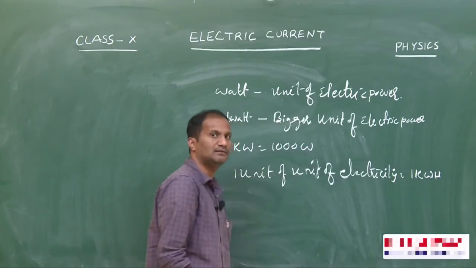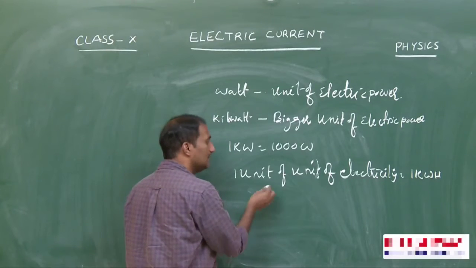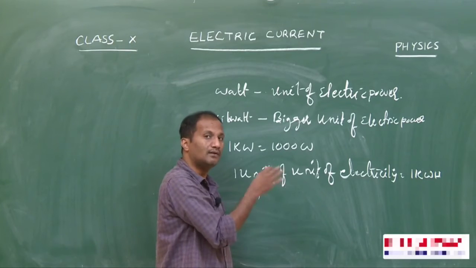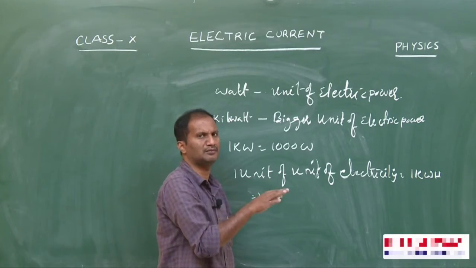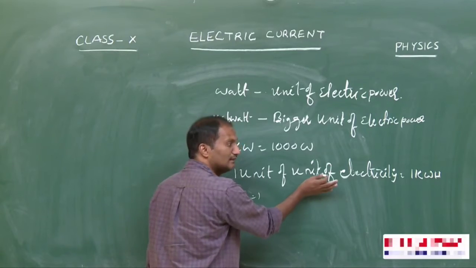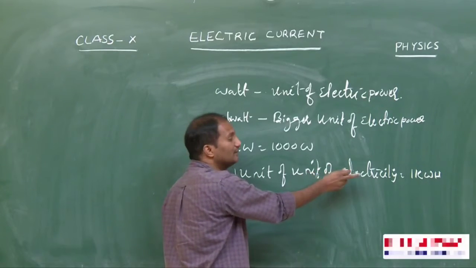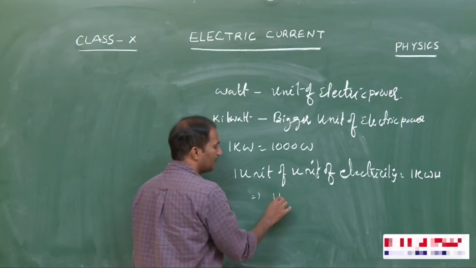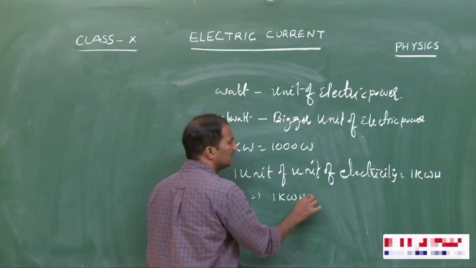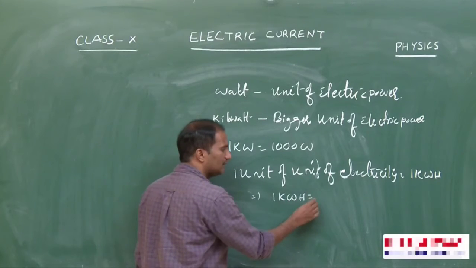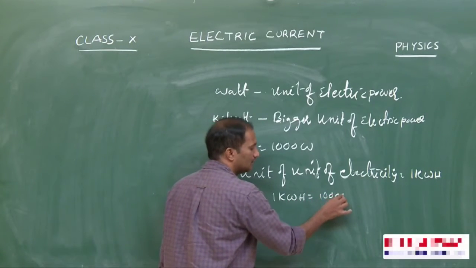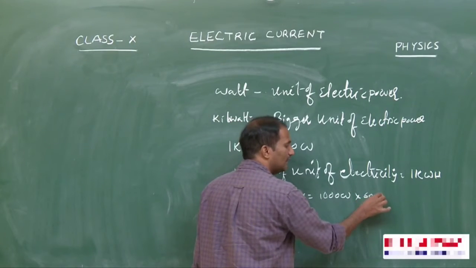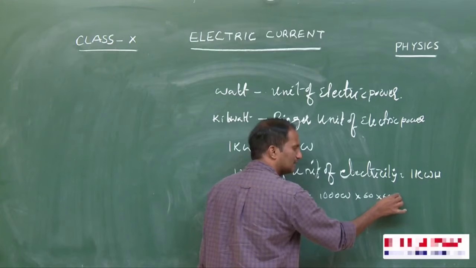1 kilowatt hour is nothing but the amount of electric energy consumed by all the appliances in our home per month. That is directly calculated in units of kilowatt hours. Clearly, remember, 1 kilowatt is equal to 1000 watts and 1 hour is equal to 60 minutes, and each minute carries 60 seconds.